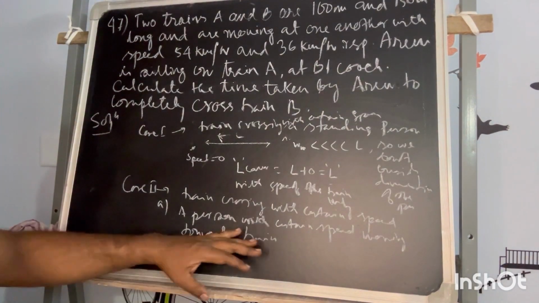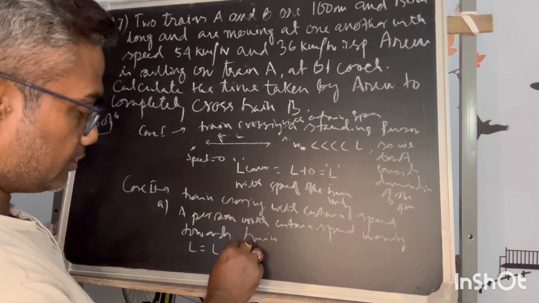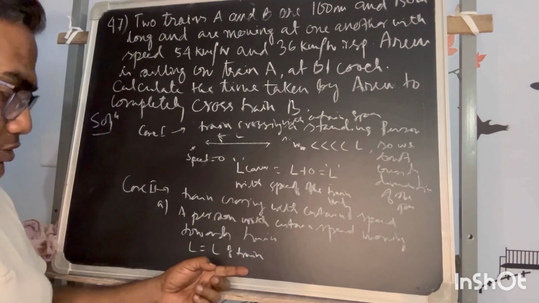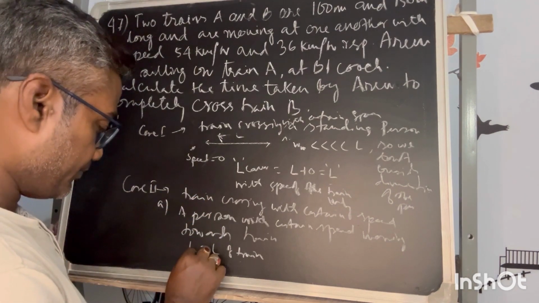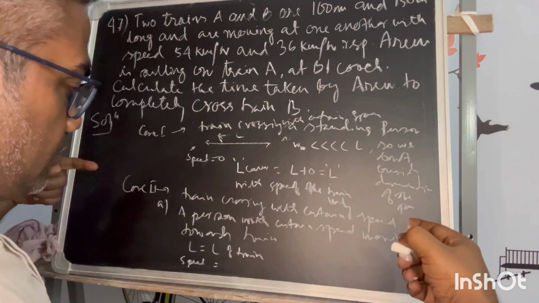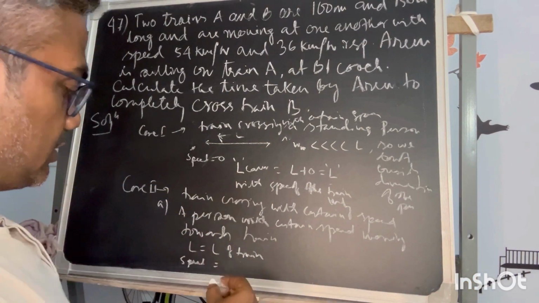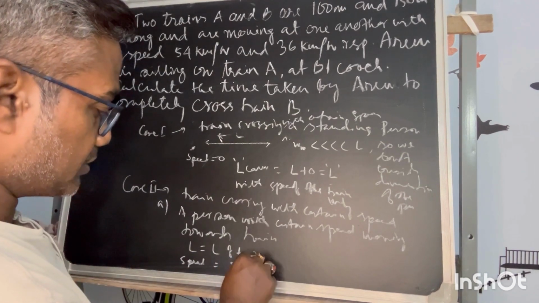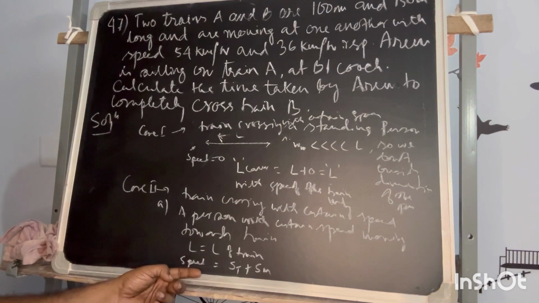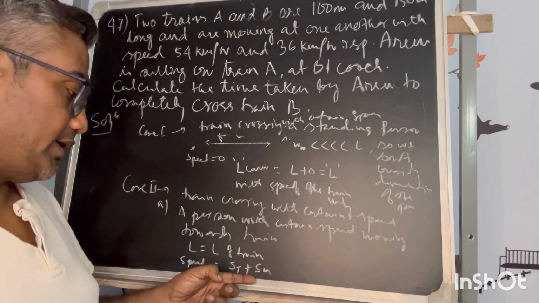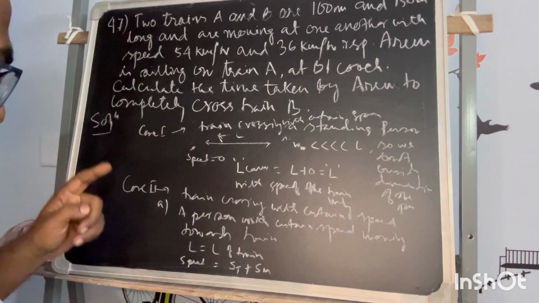Okay, so in this case, the length is the length of the train, that is the only possibility, because the width of the person is negligibly small. As they are moving in opposite directions towards each other, the speed of the train plus the speed of the man will be added. That means the relative speed has to be added when they are moving towards each other. This is the case 2A part.